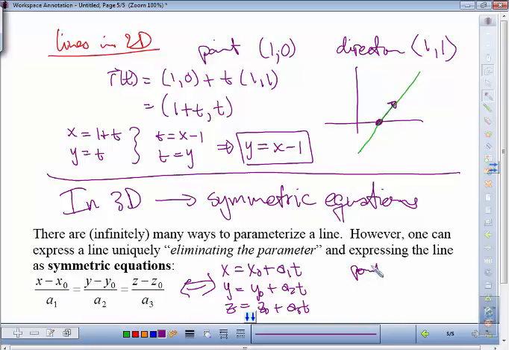Point is x naught, y naught, z naught, and then direction is a1, a2, a3. You know, I'm switching my notation with parentheses and those greater than, less than brackets. So I think I'm gonna do everything in parentheses. Okay, so that it's up to you to figure out if it's a point, if it's a vector, if it's a vector function. It's all just going to be in parentheses.